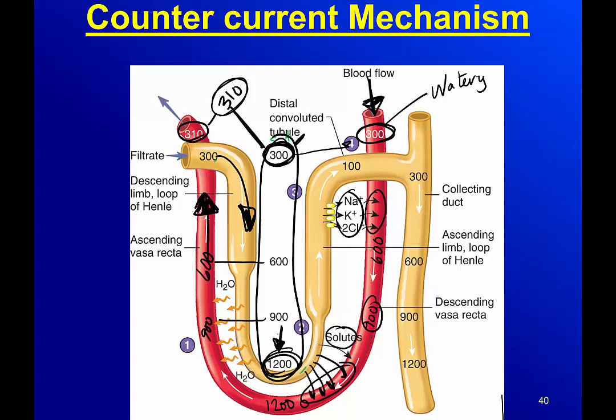By having the countercurrent and having one pull and the other pick up immediately, it keeps it balanced, it keeps it in check. That is the countercurrent mechanism that I'm talking about.